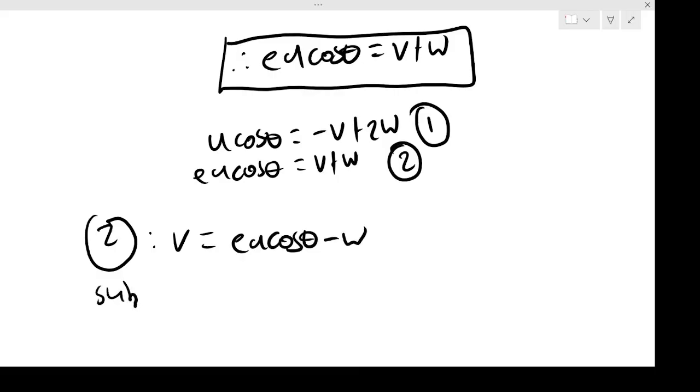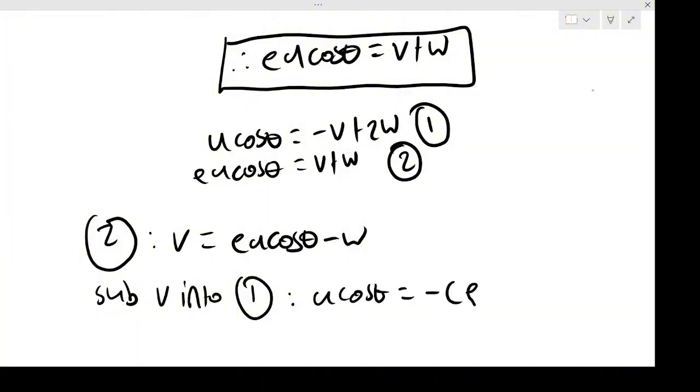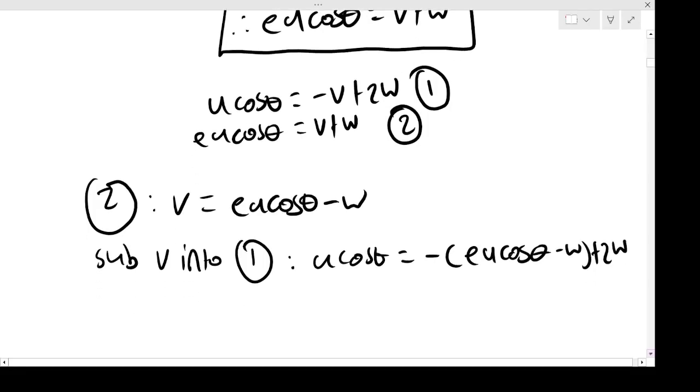Then I'm going to sub v into the other equation to get w. So u cos theta is minus v, so minus eu cos theta minus w, add 2w. We get 3w minus eu cos theta equals u cos theta.